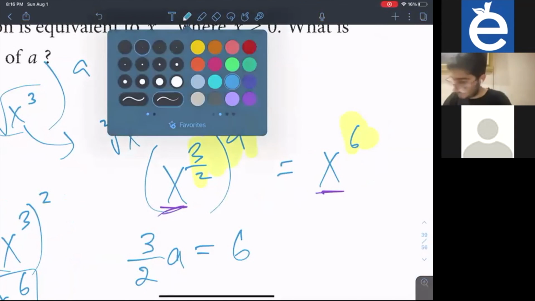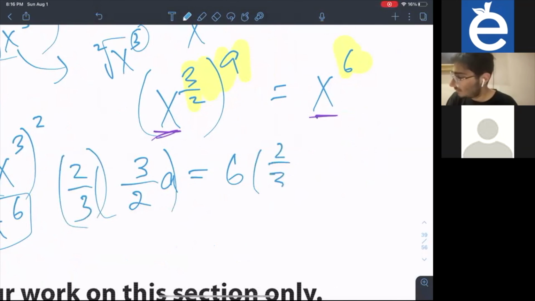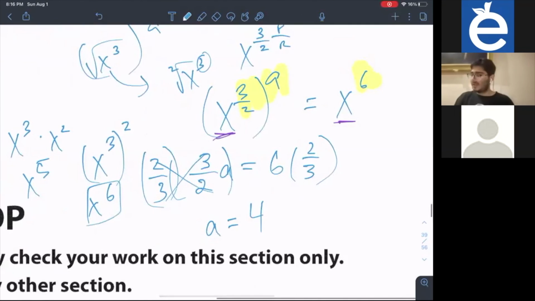Now this is an easy equation. If 3 over 2a is equal to 6, you have to find the missing value of a. To solve this, you multiply everything by 2/3. You get a equal to 6 times 2, which is 12, divided by 3, which is 4. And so that is our answer.